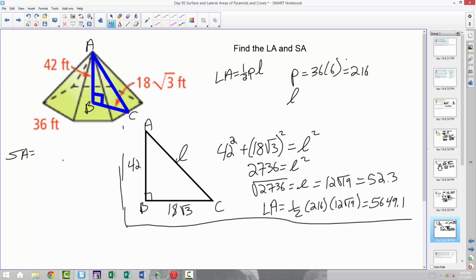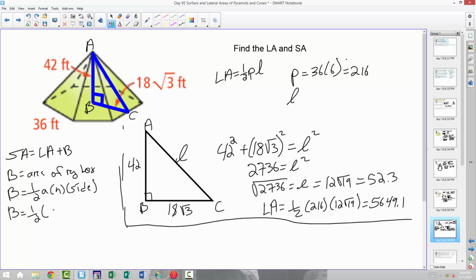Surface area is going to be my lateral area plus capital B. Okay, capital B is the area of a regular hexagon. So capital B is half times the apothem times the number of sides times the side length. The apothem is 18 radical 3 times the number of sides times my side length, which is 36.